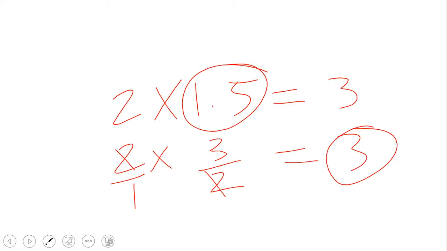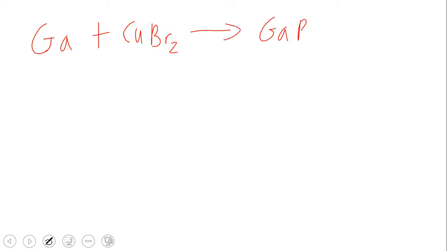Okay, so let us consider it. So we have Ga plus CuBr2, that produces GaBr3 plus Cu.